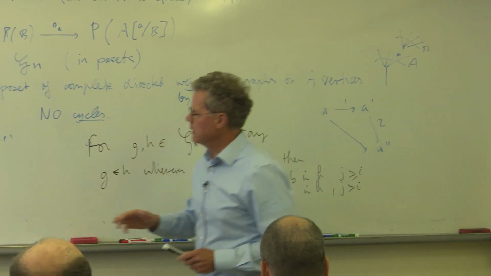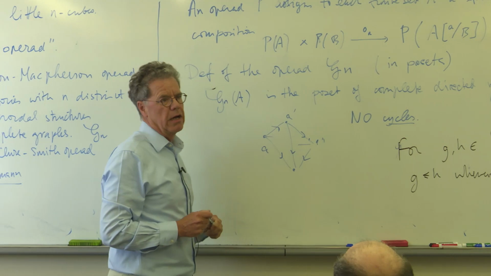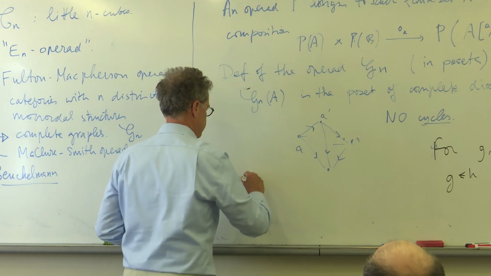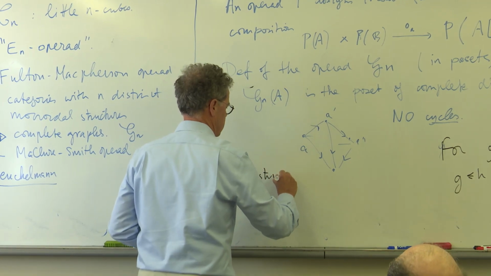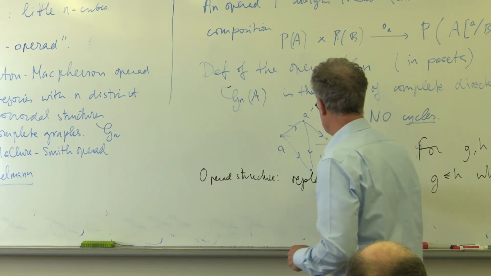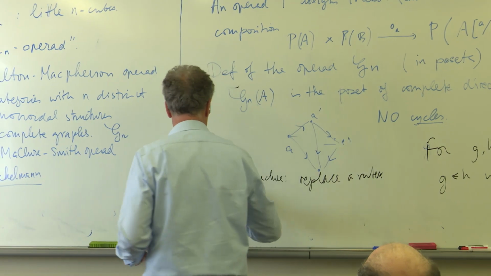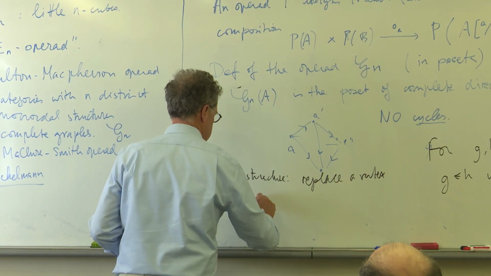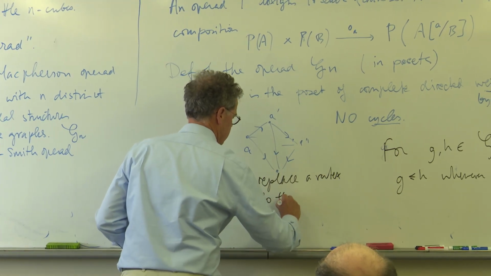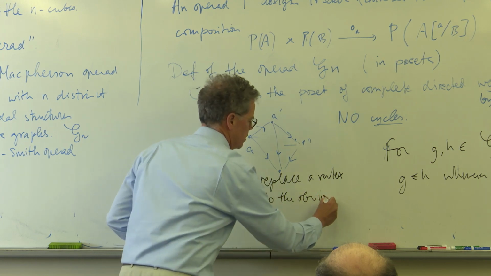Okay? The operad structure is defined by replacing a vertex by a graph, and do the obvious thing. Okay?